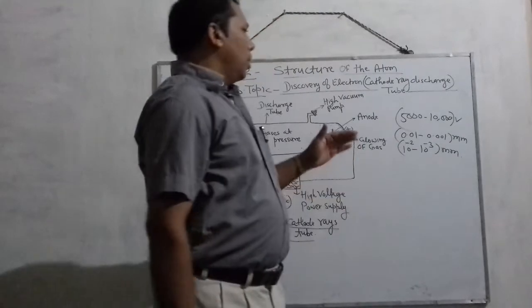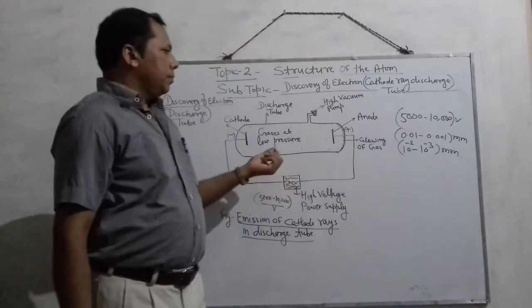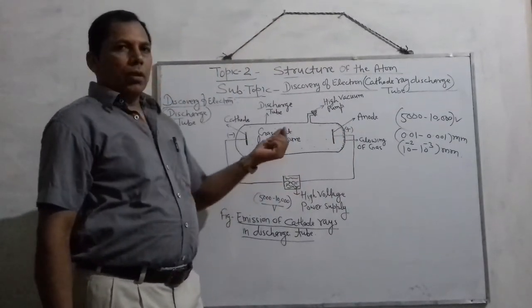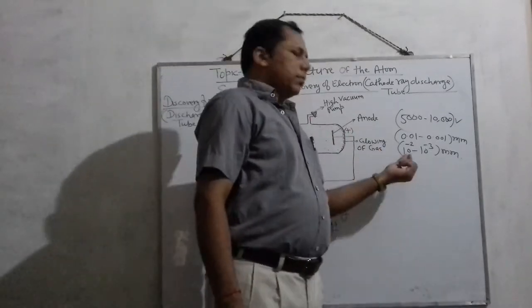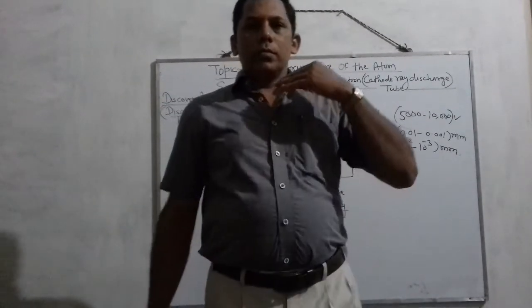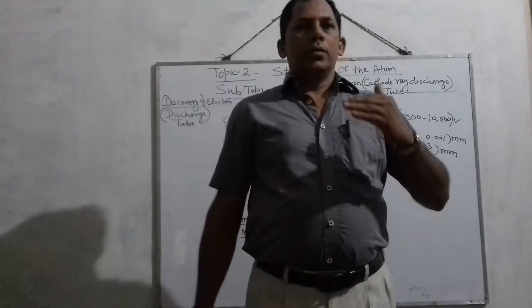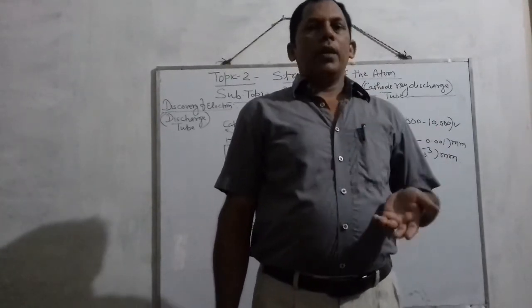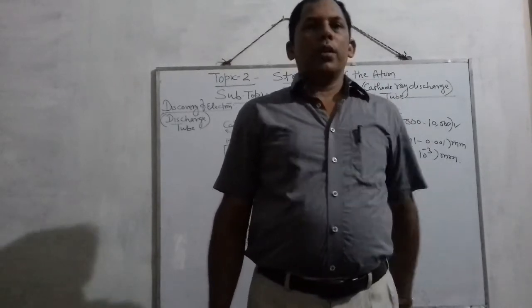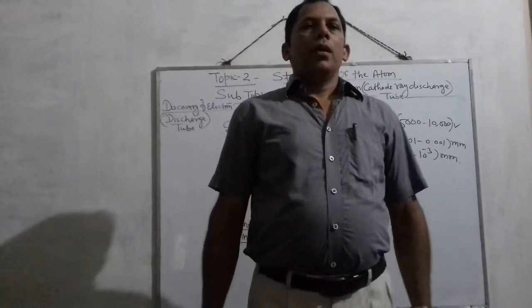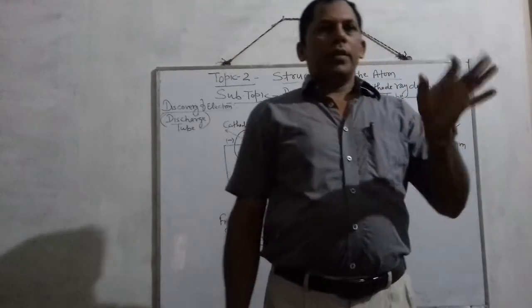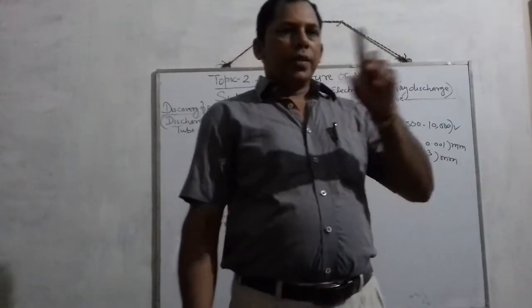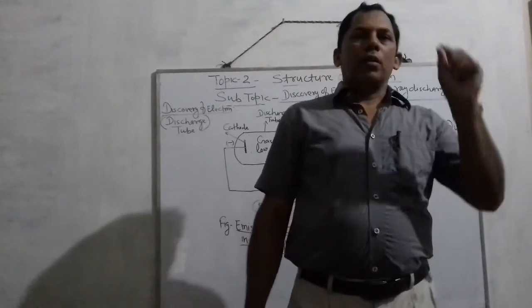So by applying high voltage source and low pressure, he finds that there is an emission of invisible rays. Those rays were later called cathode rays, and they were composed of negatively charged particles called electrons.